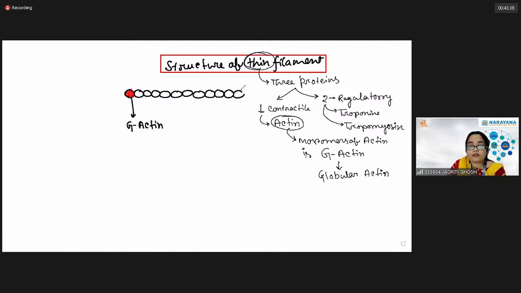This is a chain of G-actin, a filament of G-actin, made up of plenty of actin monomers. This whole structure is known as F-actin, that means filamentous actin.